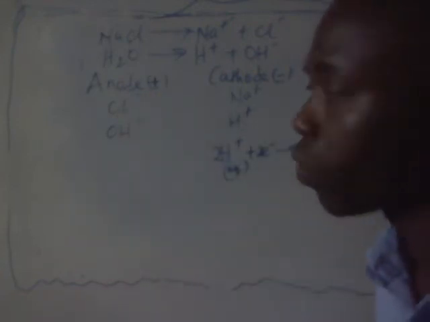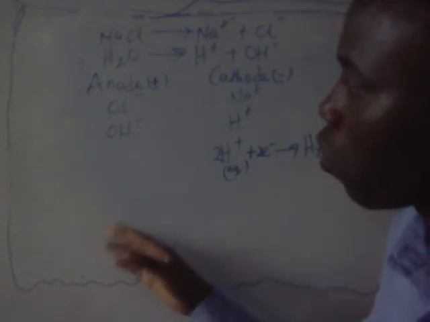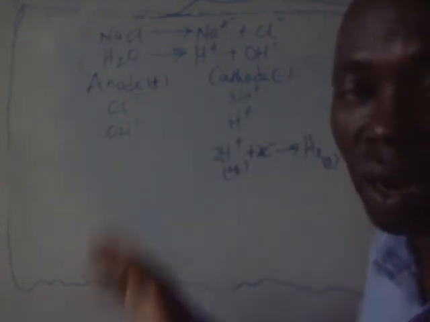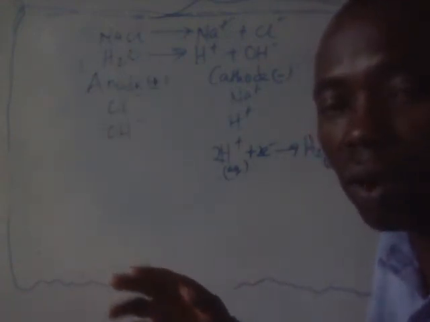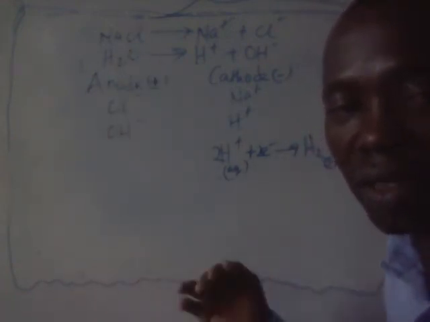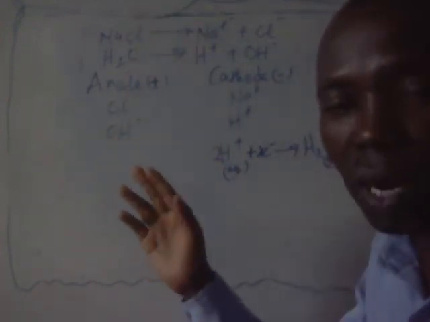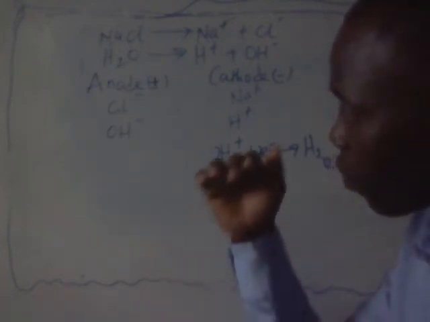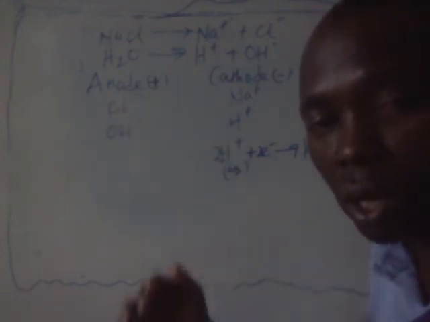At the anode, we have chloride ions and hydroxide ions. In the reactivity series for negative ions, we have SO4 2-, NO3-, chloride ion, bromide ion, iodide ion, hydroxide ion, in that order. The one above also displaces the one below.